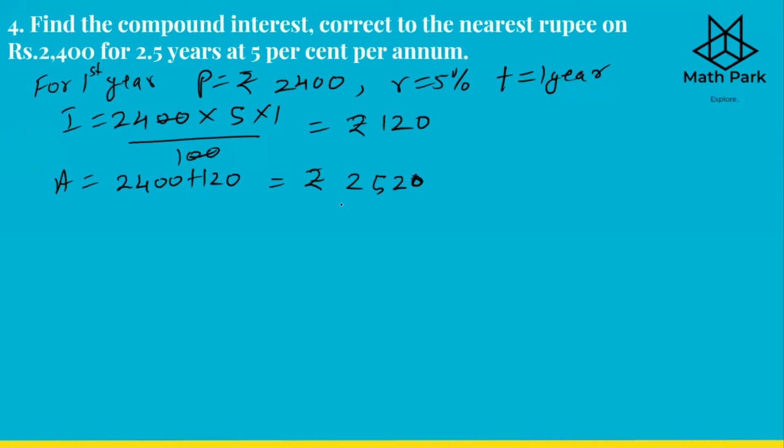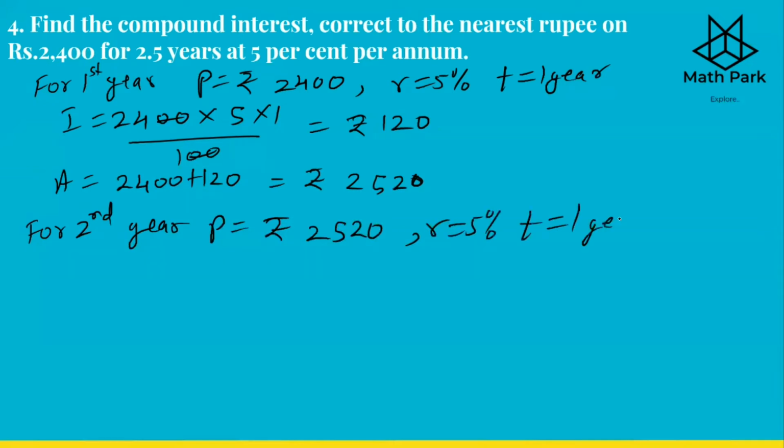Now this 2,520 becomes the principal for the second year. So for second year, your principal is equal to rupees 2,520. The rate is again 5%. The time is 1 year. So let us calculate the interest, which is 2520 principal into rate into time upon 100. Simplify this.